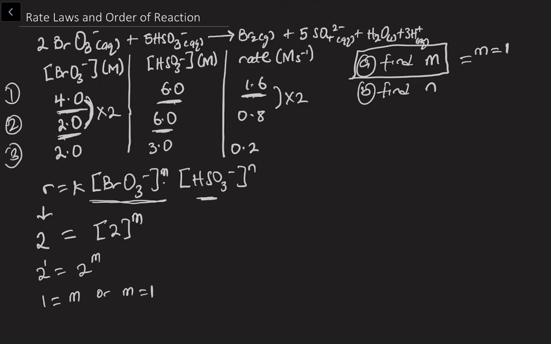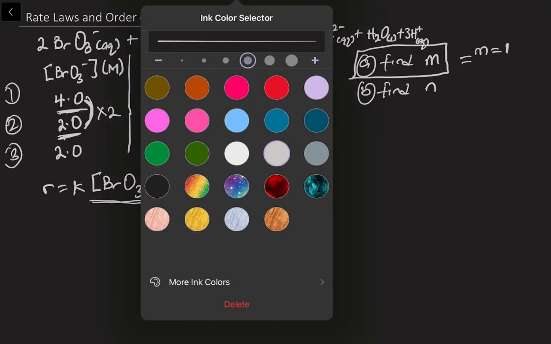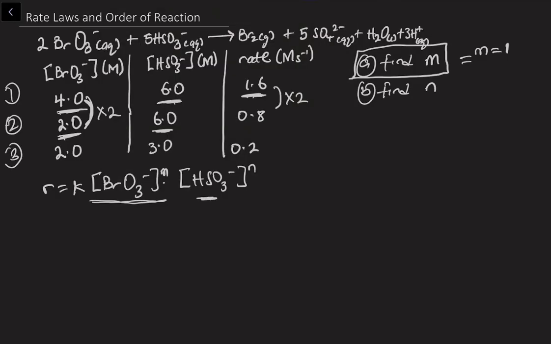So now let's look for N. We go back to our equation. To look for N, we're going to focus on HSO3 minus, where we actually change the concentration in the experiment. So if we look at it, we change the concentration between 1 and 3, but we also change that for BrO3 minus, so that's not a good one to use.